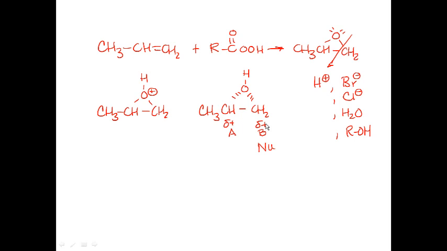And remember that we said this mechanism was SN1-ish, at least from the standpoint of the nucleophile reacting with the carbon with the most delta positive charge, which looks like a secondary carbocation. This carbon looks like a primary carbocation.